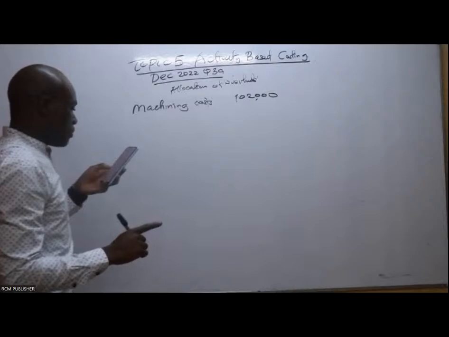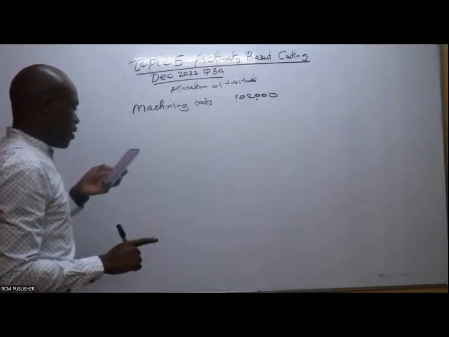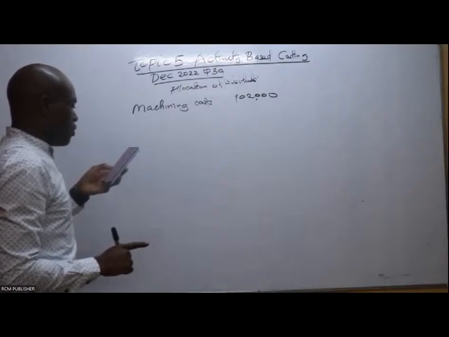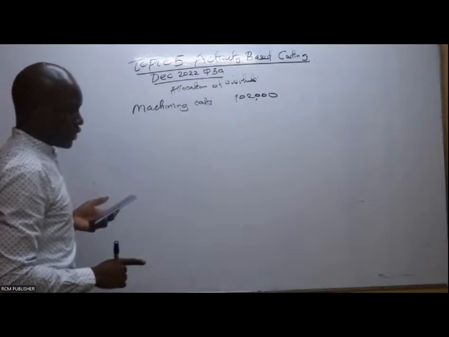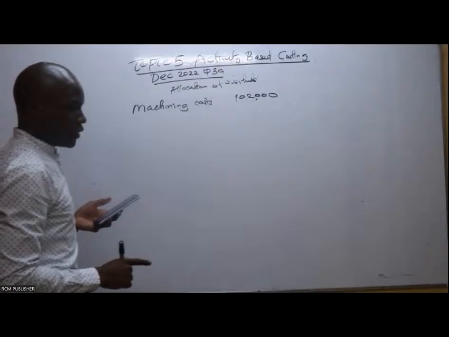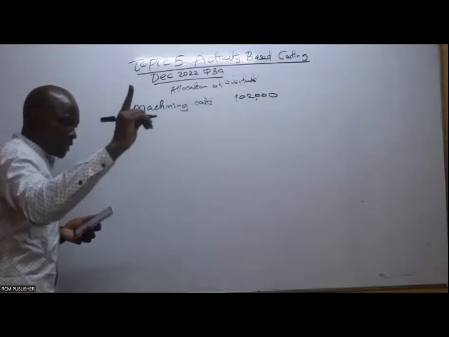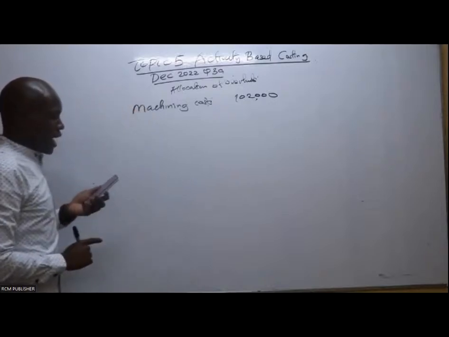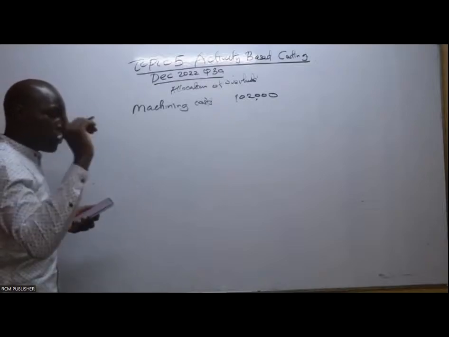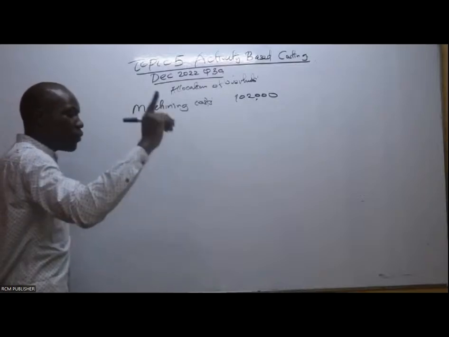So machine hours per unit, for T, for Q, we have 1. Then for M, we have 1.5 hours per unit. That is the machine hours per unit, but are we able to get the units for each product? Whatever we were using down there was the total.